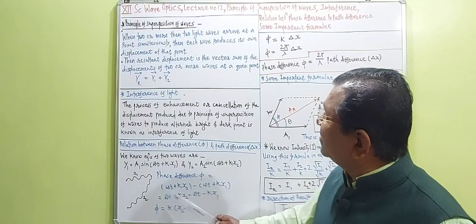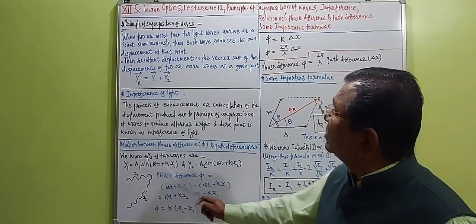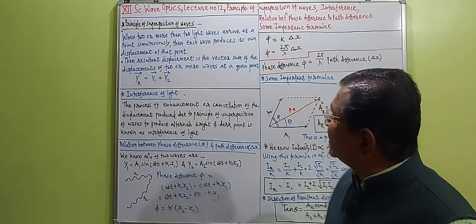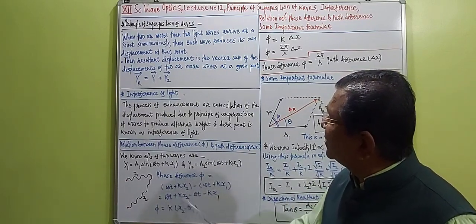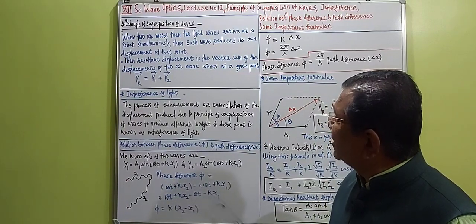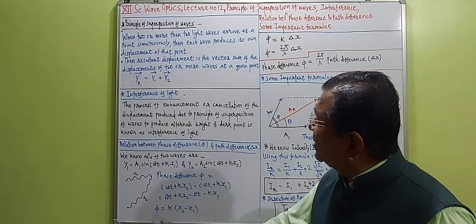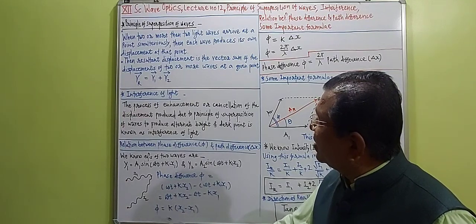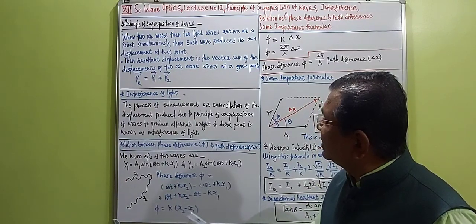So I can write here (omega t plus kx2) minus (omega t plus kx1), and after solving, what do we get? Omega t plus kx2 minus omega t minus kx1. Omega t gets cancelled and we get the phase difference phi is equal to k into (x2 minus x1).